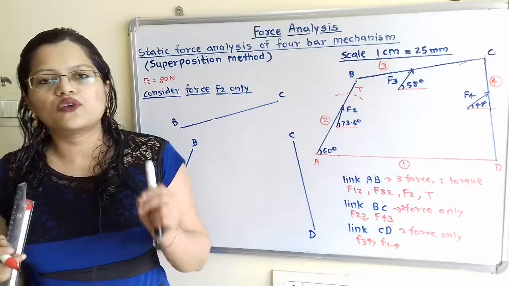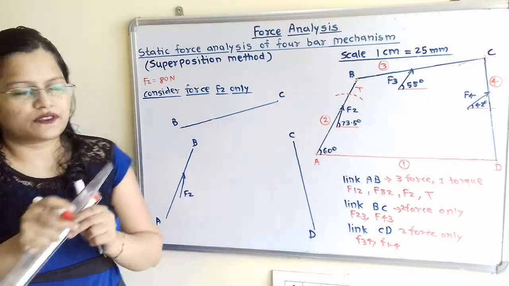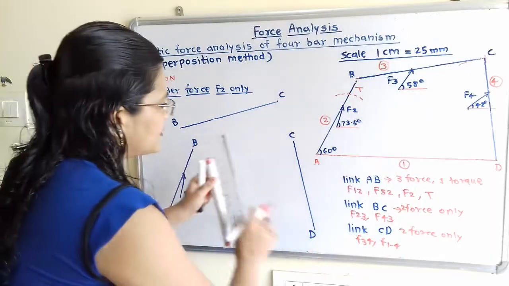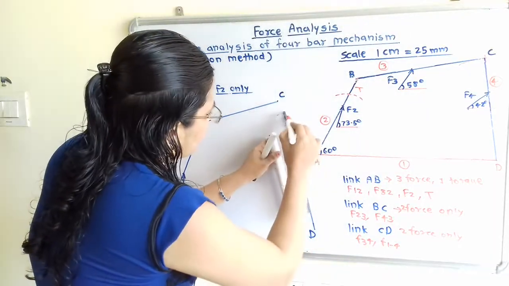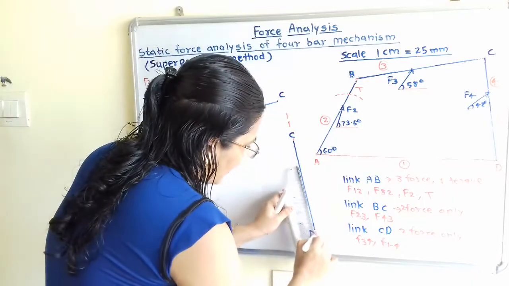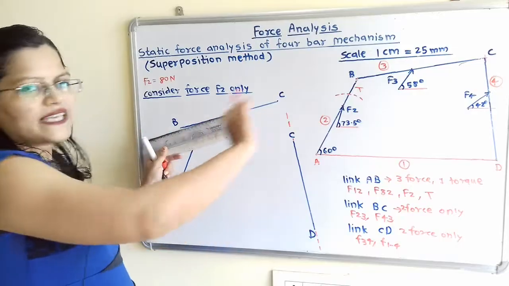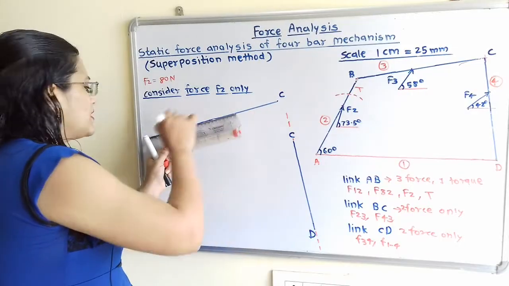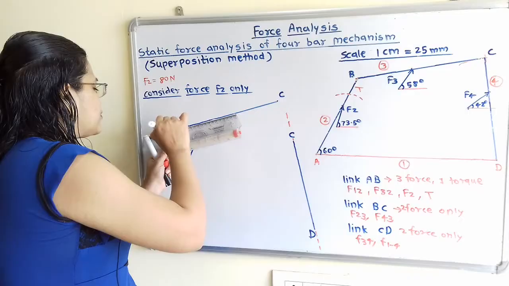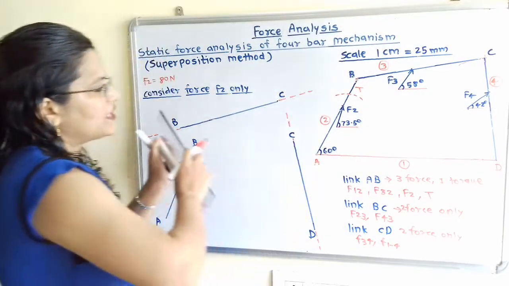So this is the rule, that is the equilibrium condition for the two force members. So the line of action of CD is along the member only, so along this member CD. So I will draw here, this is the line of action of force. For BC the same rule is applied. So along this line there is the line of action of the force. So I will mention here force.